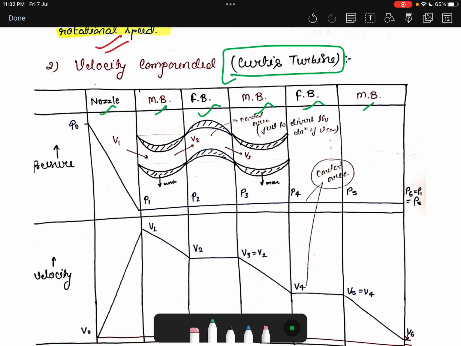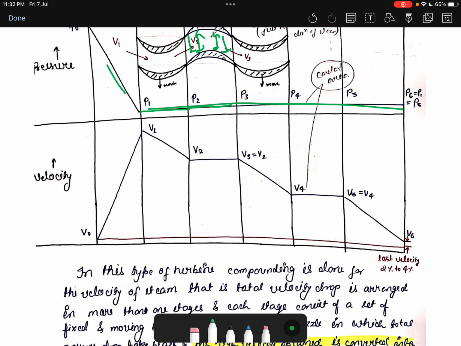So what happens is that in the nozzle, first pressure drops, in the moving blade pressure remains constant, and in the fixed blade also pressure remains constant, because there is not any variation of the sectional area or sectional volume. That's why pressure remains constant. Okay, but what about the velocity?